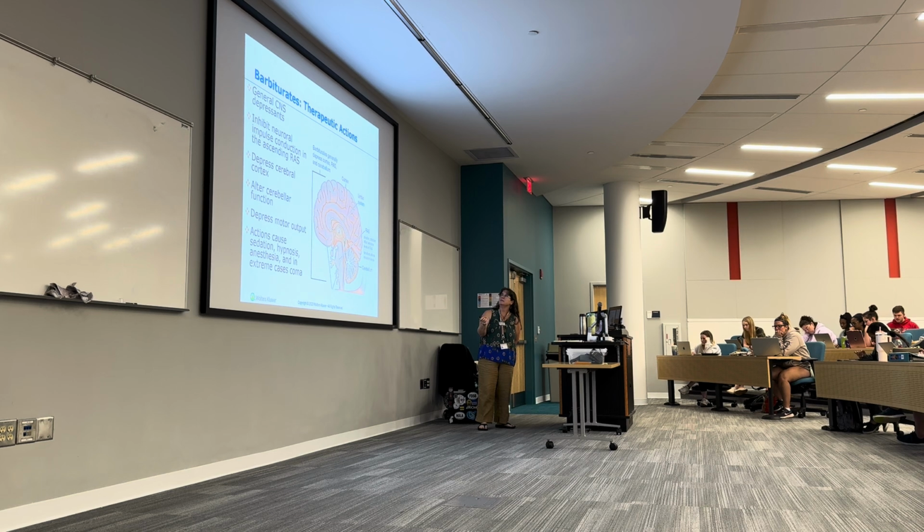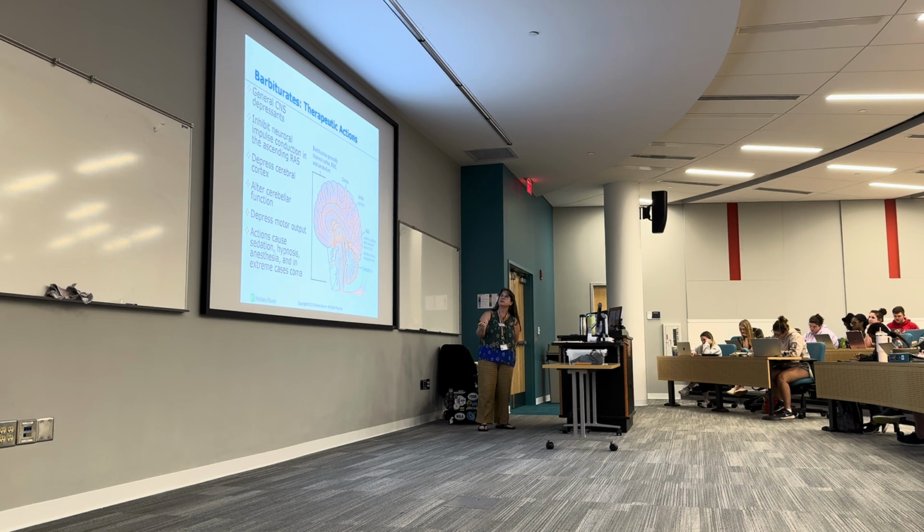The RAS system is down here in the brainstem, and it shoots up through the limbic system. And then it inhibits neural impulses conducted in the ascending RAS, and then it depresses the cerebral cortex. This bumpy stuff is all the cerebral cortex. And it alters cerebellar function.